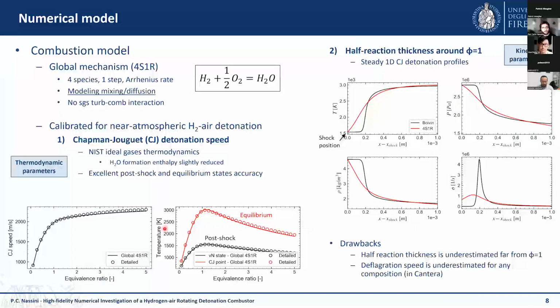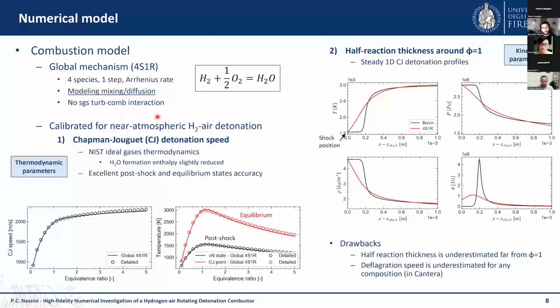As I was saying, one of the most critical parts is having a combustion model which is suitable for CFD simulation, and we decided to design a global mechanism named 4S1R, so 4 species, 1 single-step scheme, which is reported here. Of course, it is a very simple global scheme for the oxidation of hydrogen, which allows us to model also the mixing and diffusion of the reactants, because inside the code we are specifying the Schmidt number of each species.